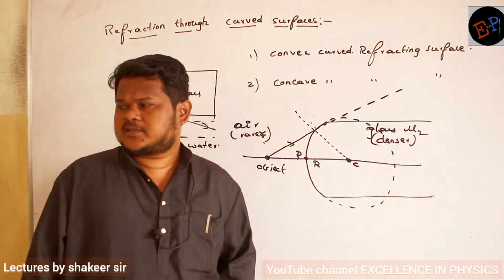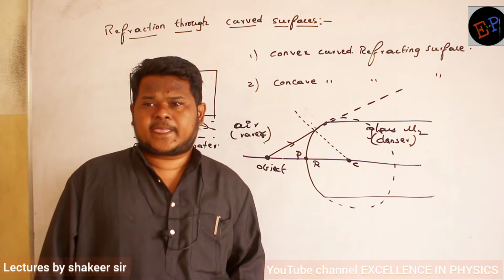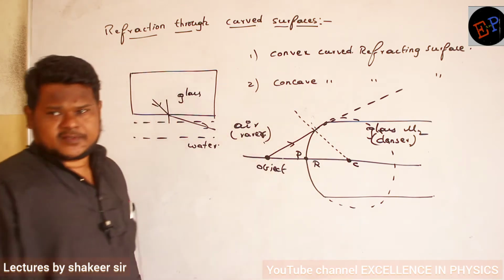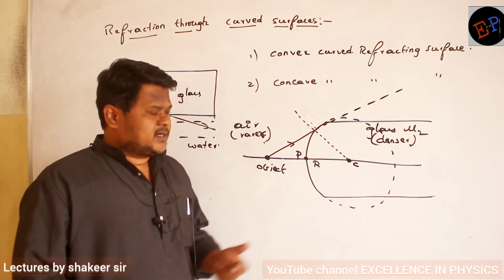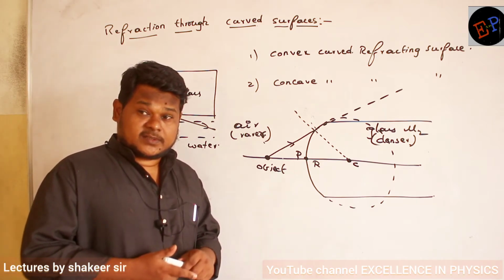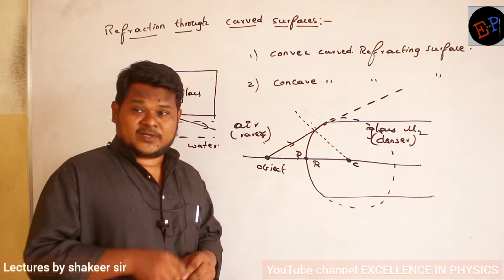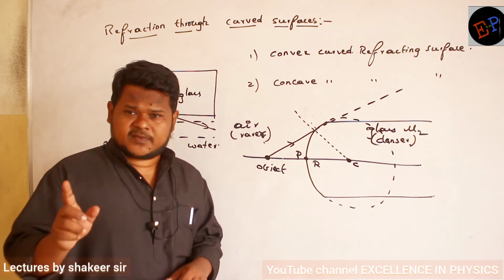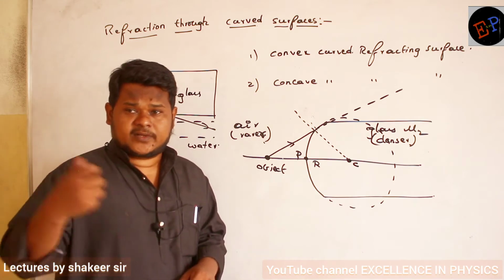Why is the speed of light decreasing? Because light is entering from a rarer to a denser medium, so definitely the speed of the light decreases. Because the wavelength is reducing. Frequency is not changing. Already we discussed yesterday, frequency never changes. The wavelength of the light reduces.